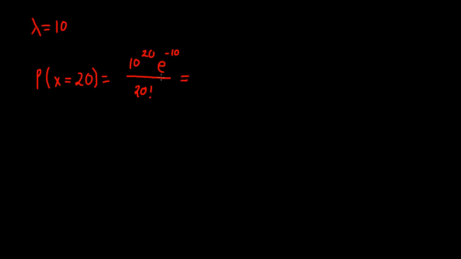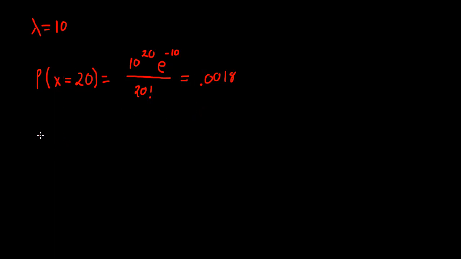So we get 10 to the 20th times e to the negative 10th all over 20 factorial, which is equal to 0.0018. So the probability of having twice as many orders as average in a given time frame is 0.0018. It looks very highly unlikely to get exactly 20 orders.